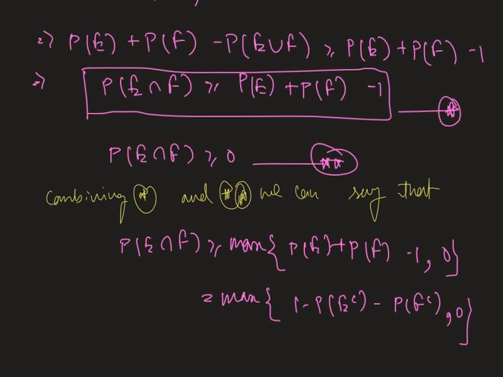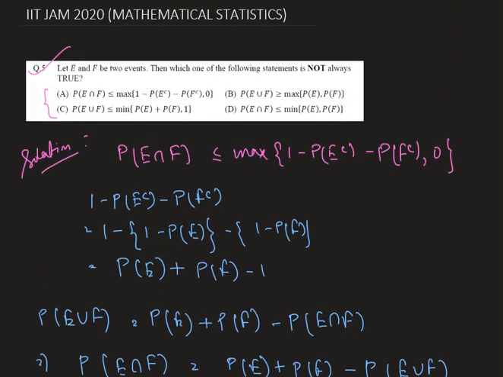Therefore probability of E intersection F is greater than equals to max of 1 minus probability of E complement minus probability of F complement, comma 0. Therefore the first option is wrong.